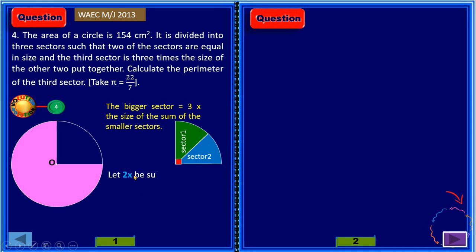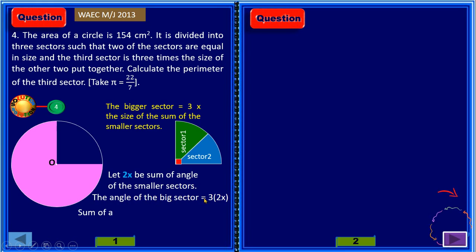So let the angle of these 2 sectors be 2x. The angle of the bigger sector should then be 3 times the angle of the sum of these 2 sectors, which is 3 times 2x. But we know that the sum of angles at a point in a circle is equal to 360 degrees.